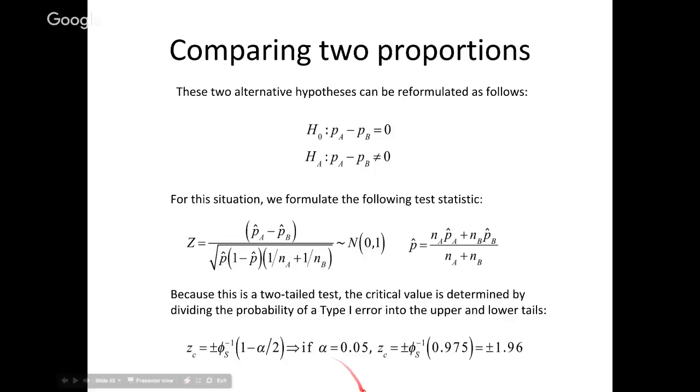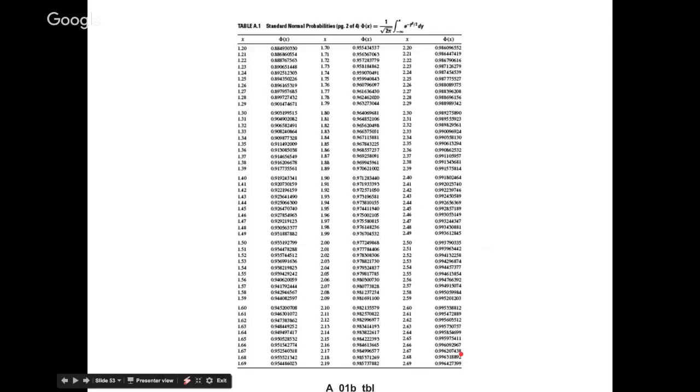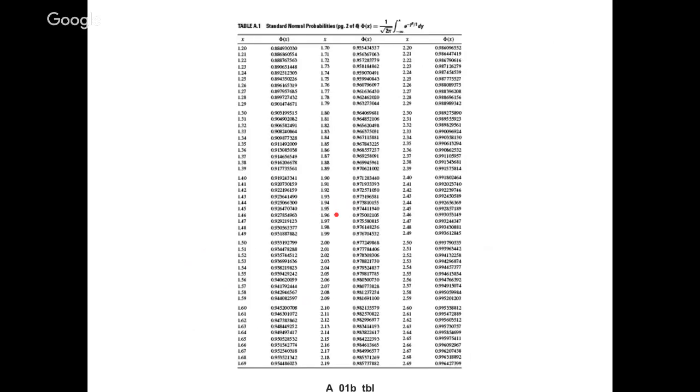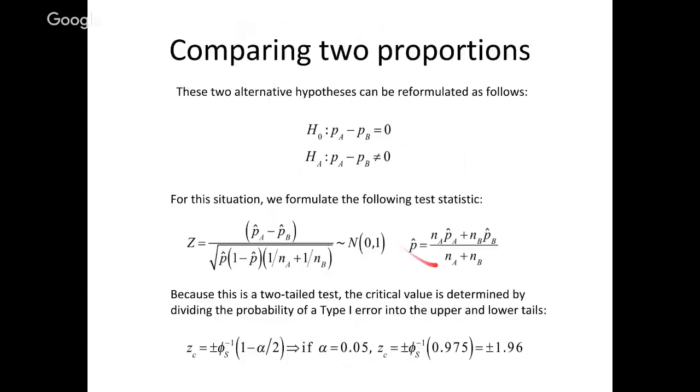So if alpha equals 0.05, then what we're looking for is the inverse CDF of 0.975 for the standard normal. We look for 0.975, which comes in around right here. So it looks like our critical Z value is going to be plus or minus 1.96. Oops, let me go back. Yeah, so plus or minus 1.96 is our critical Z value.